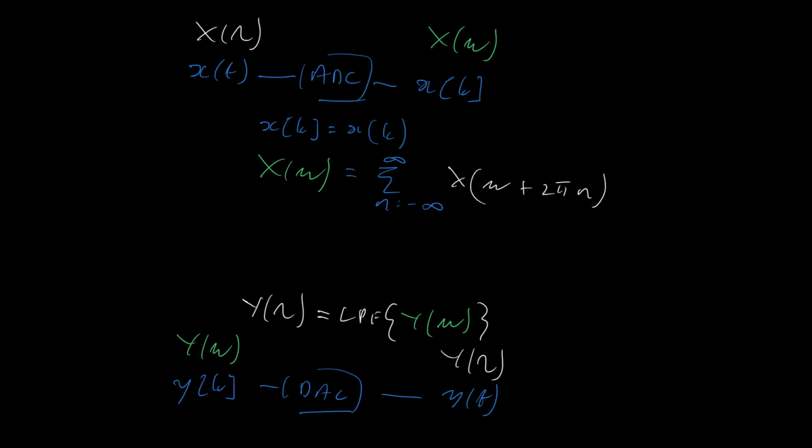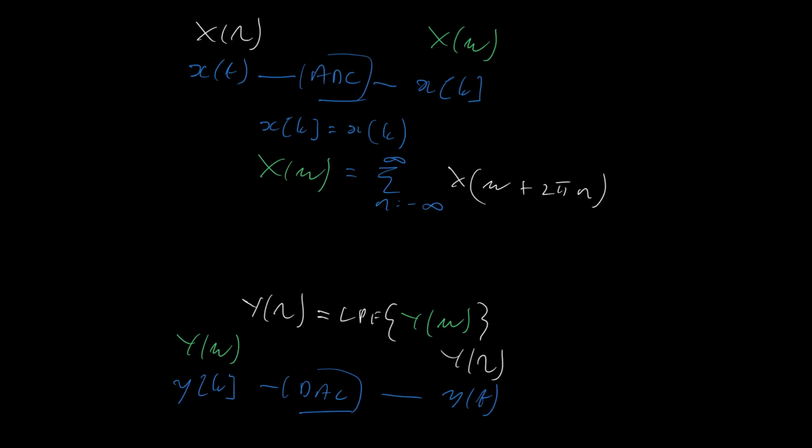If, for brevity, someone asks about the relationship between the Fourier transform and the discrete-time Fourier transform, then they have this picture in mind here of how we go from a continuous time signal, we sample it, we then process it, we go back again.